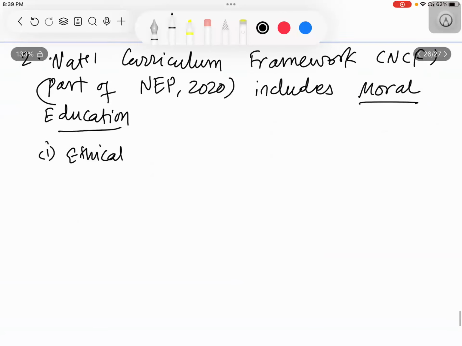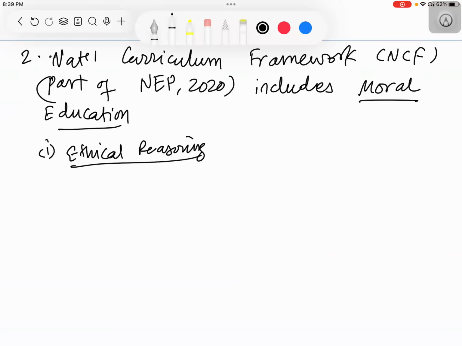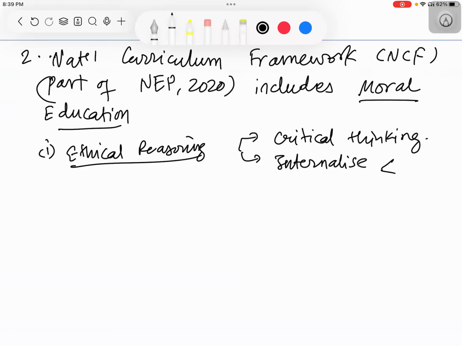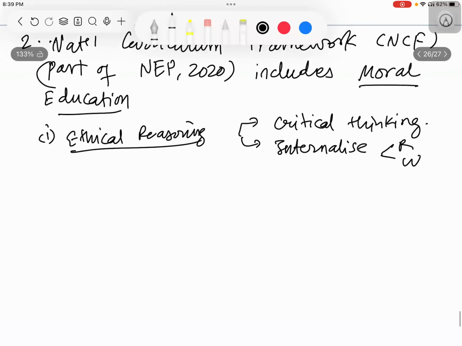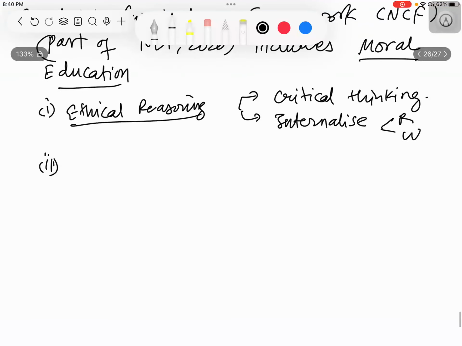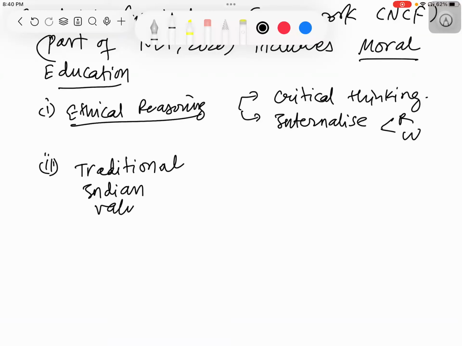Ethical reasoning means developing critical thinking ability and logical analysis, and through that internalizing this ability to distinguish between right and wrong. Okay. Ethical reasoning.